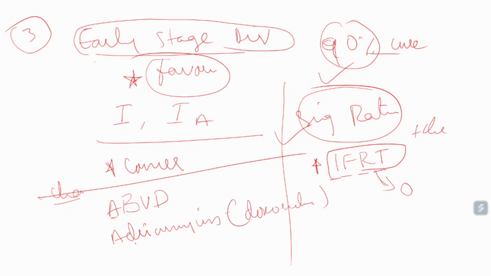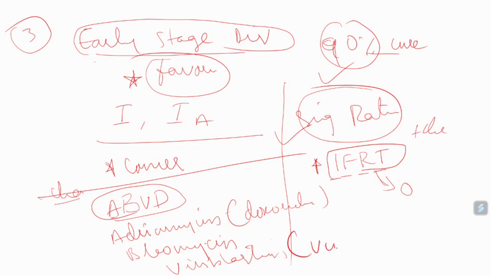B indicates bleomycin. Always remember these regimens. V indicates vinblastine. In yesterday's class, we discussed everything about vinblastine. And D indicates dacarbazine.